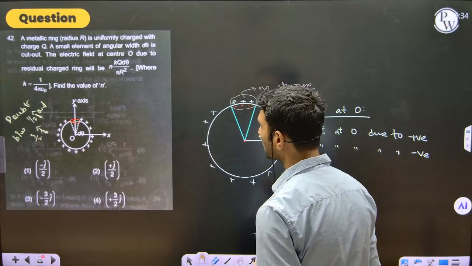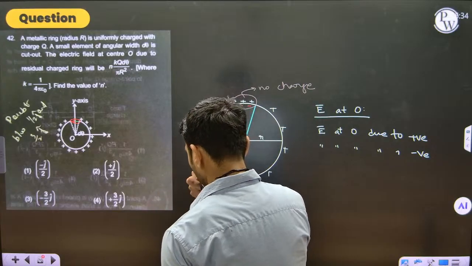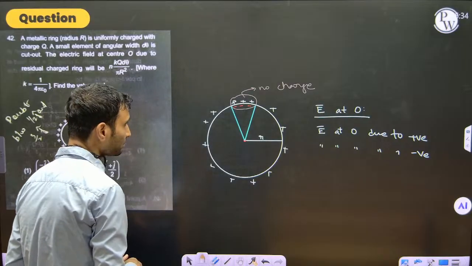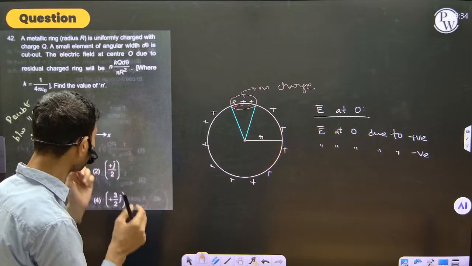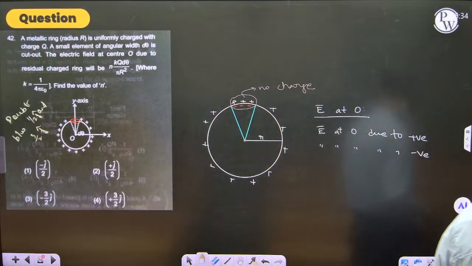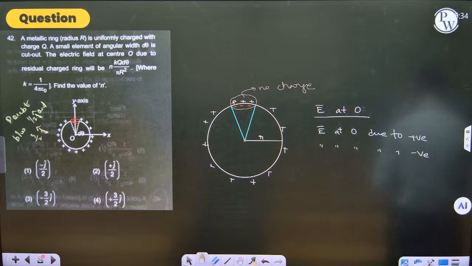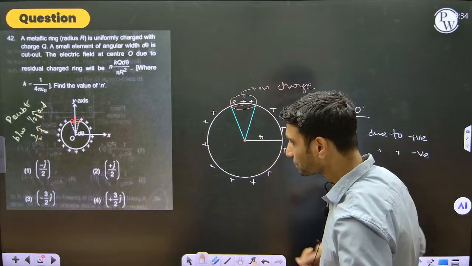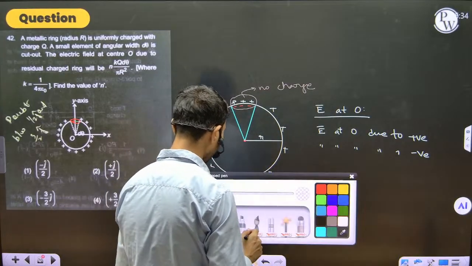You have to find out the electric field at the center due to the residual charge.